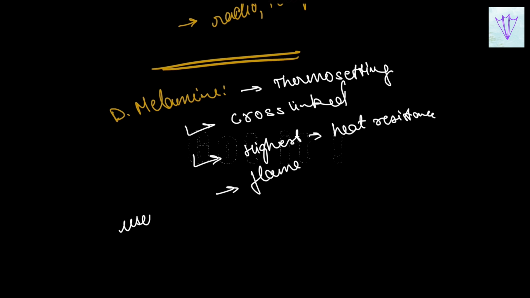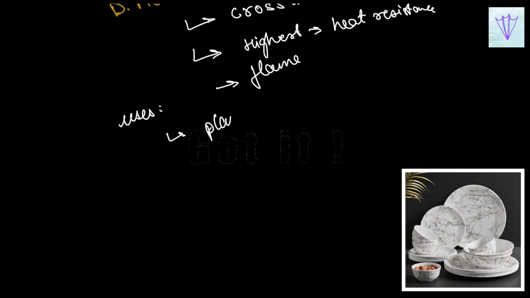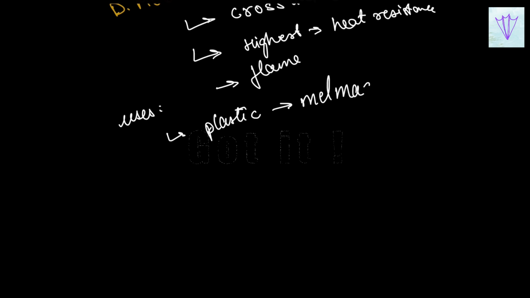So the uses of melamine are: melamine polymer is quite hard and is used in making plastic crockery under the brand name Melmac, and it is used for making floor tiles and other fire resistant objects.